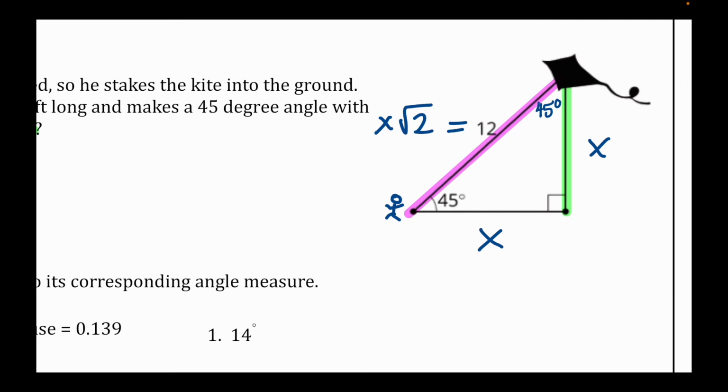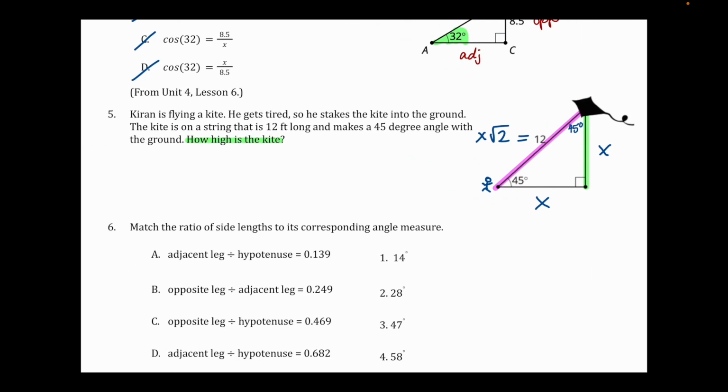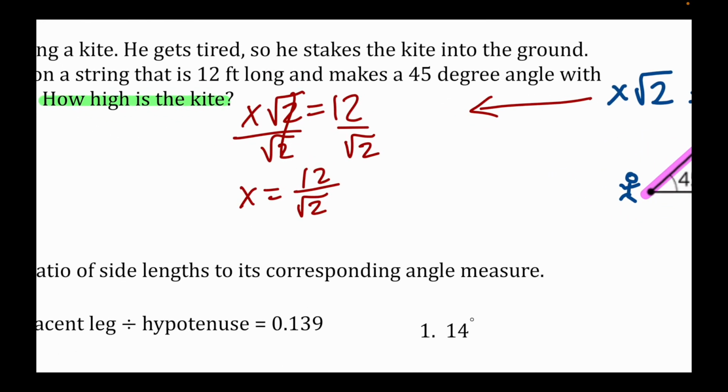So I'll actually write this in a different position, over here. I'm going to say x root 2 equals 12, and just show my work over here so I'm not crowding my triangle. You want to divide by square root 2. So we would have x is 12 over root 2, but we want to make this into a nice whole number.